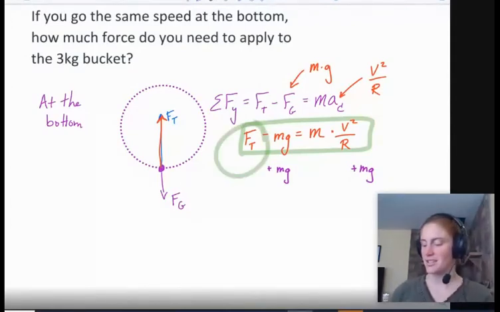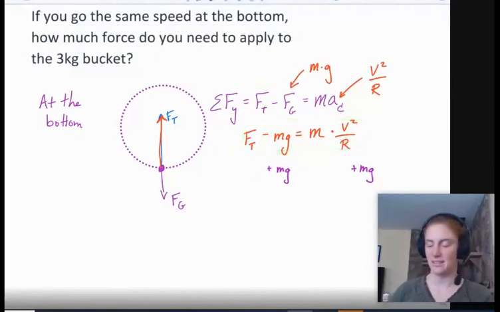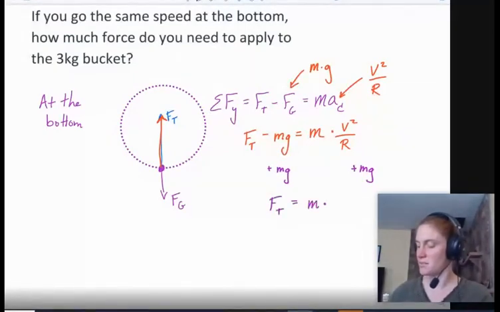So you actually cannot cancel m out in this case. So I add the mg to both sides and I get my tension is equal to mass times v squared over r plus mg.